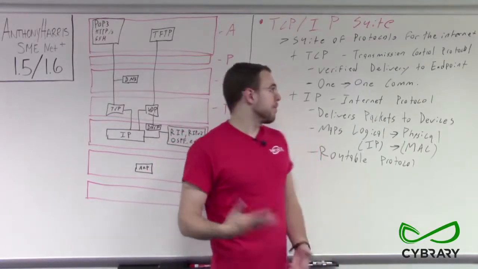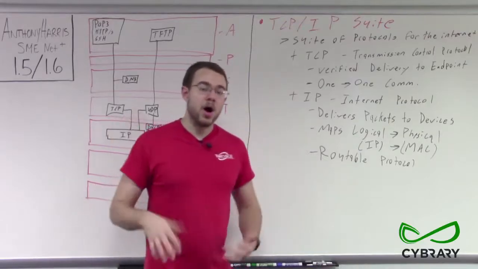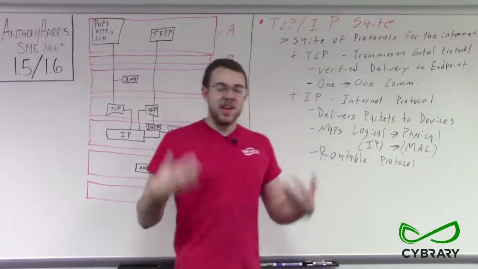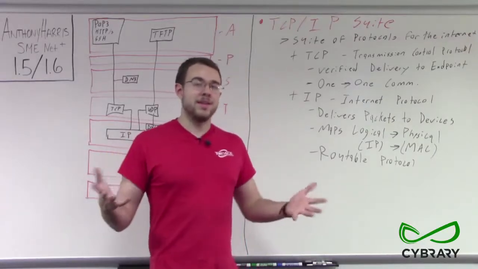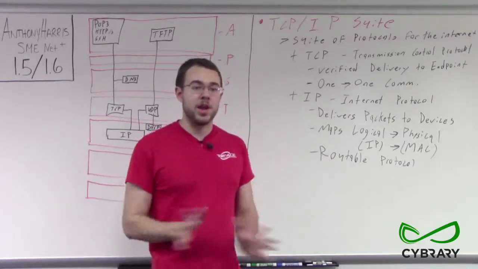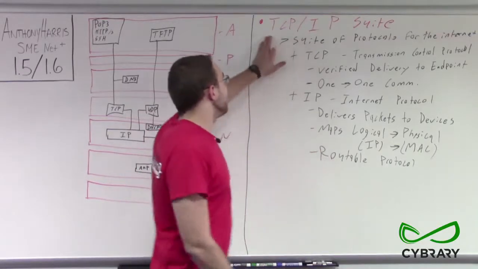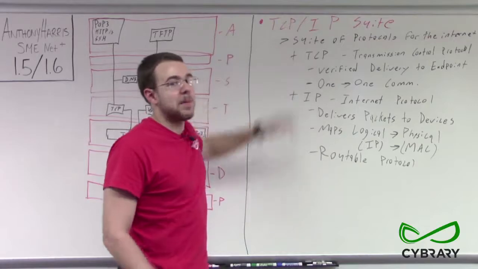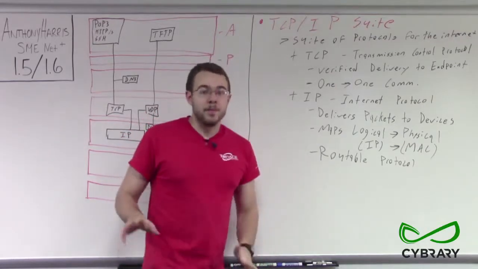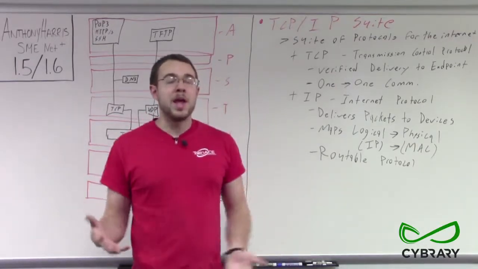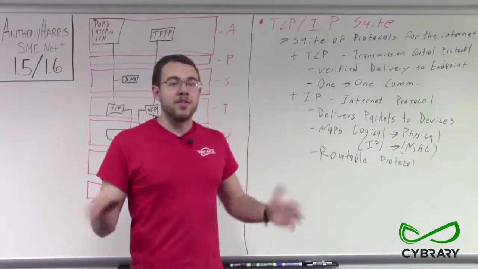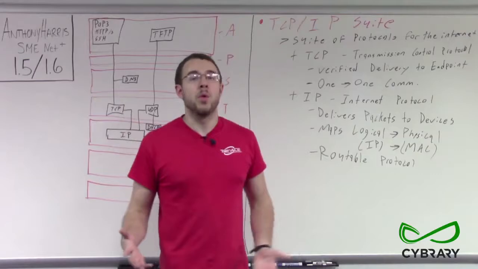Now, when we're talking about computers and our modern protocols, a big overview and a big concept we need to start getting our head around is the TCP/IP suite. Now, we've talked about the TCP/IP model, but this is different. The TCP/IP model is a way, in comparison to the OSI model, that we understand all the different layers of networking.